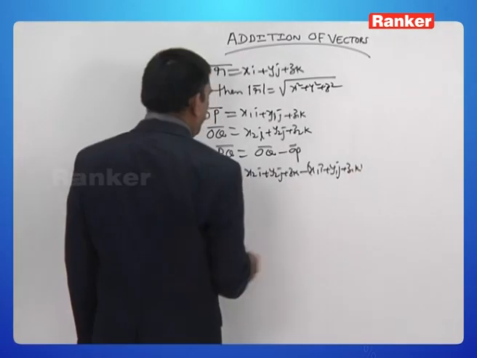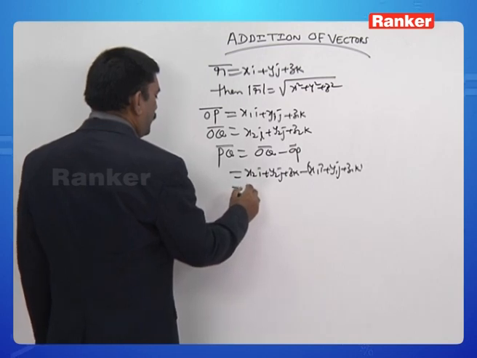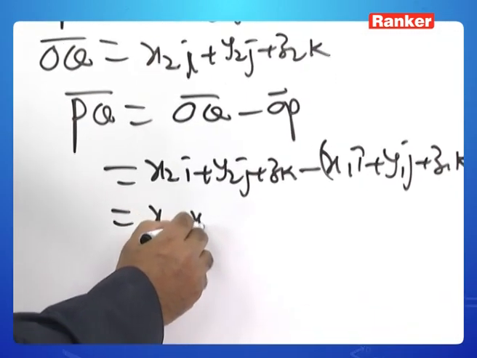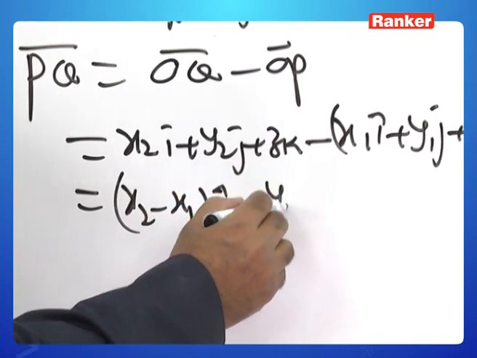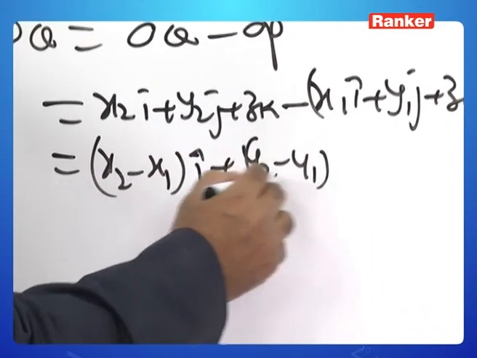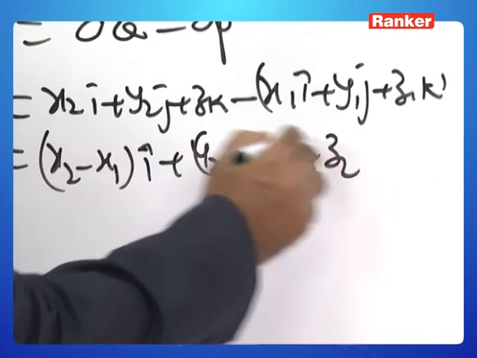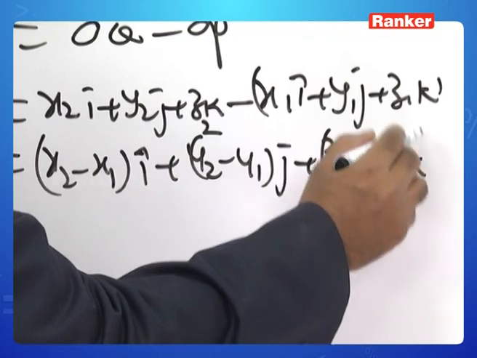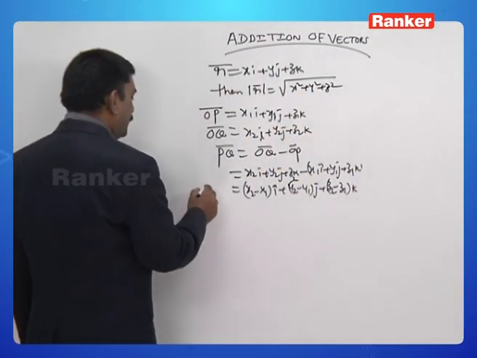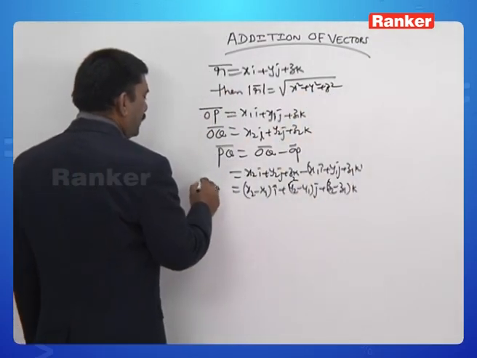Now group the terms having the same component: x2 minus x1 into i, y2 minus y1 into j, and z2 minus z1 into k. So this is nothing but PQ bar.